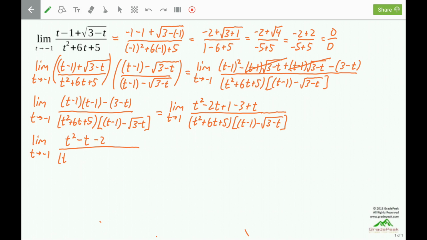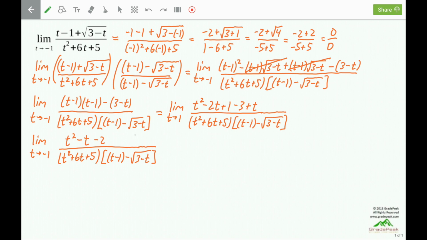And all of that divided by t squared plus 6t plus 5 multiplied with t minus 1 minus the square root of 3 minus t. So we have multiplied by the root conjugate and simplified it. We have not eliminated the 0 over 0 indeterminate form just yet. That's going to be our next step.